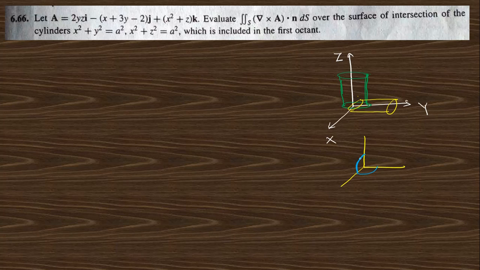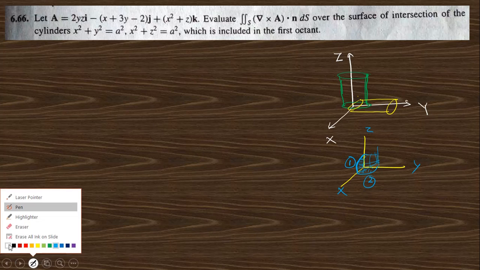These two are plane surfaces and the other surface is like that, and they intersect like that. I want to integrate along that. Take this surface as 1, this as 2, and another one as 3.